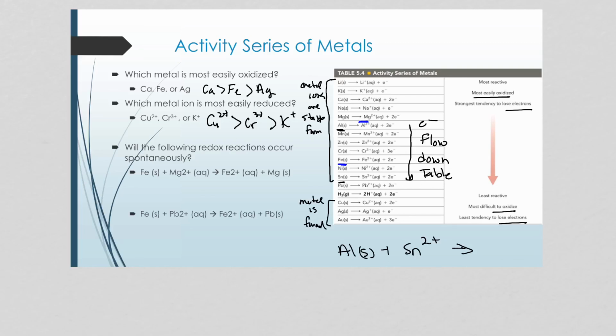Well, in order for this to happen, the electrons would have to flow this way. That is not going to happen. So is this reaction spontaneous? No, this reaction will not occur. Electrons will not flow up.